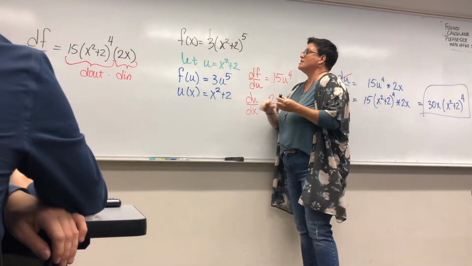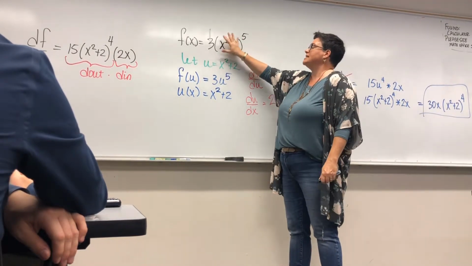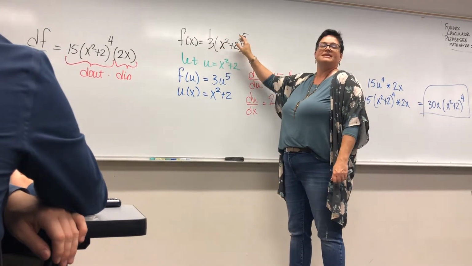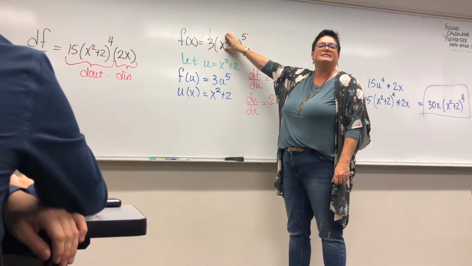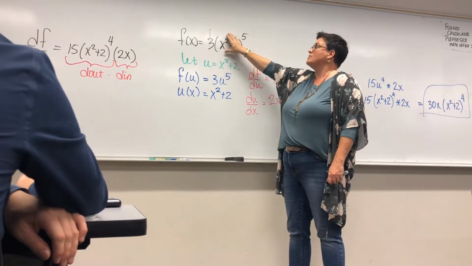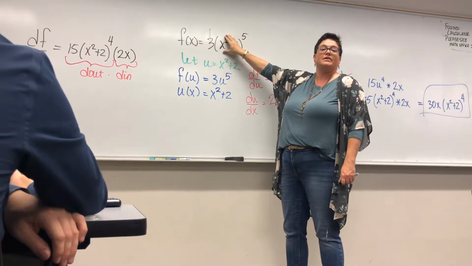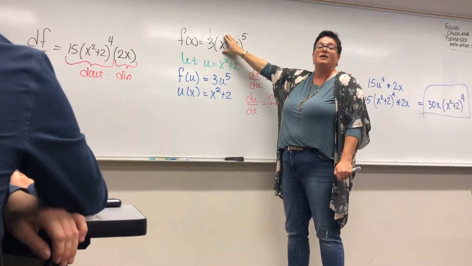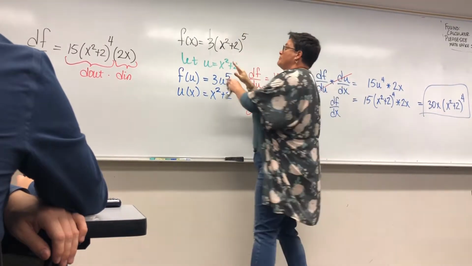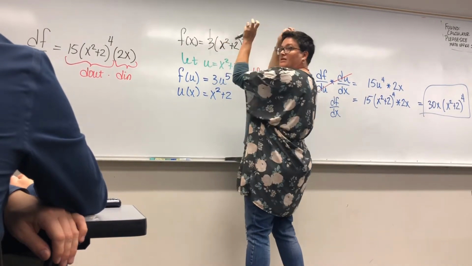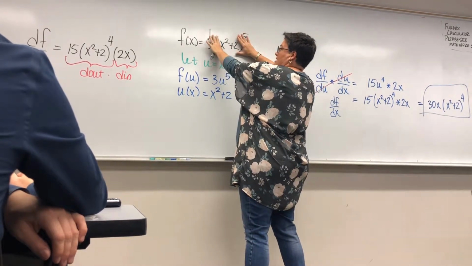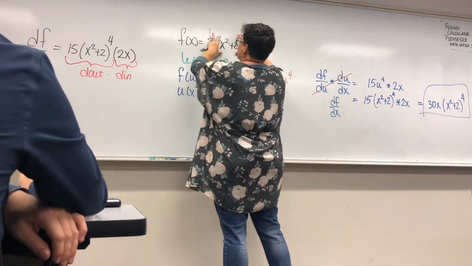Once again, I think of these parentheses as a bubble that sort of protects the inside function. When I'm working with the outside function, I only work with the outside function. I don't touch the inside. Conversely, when I am done with the outside function, it's peeled away, it's gone, I don't need it anymore. The derivative of the inside is gonna be 2x.